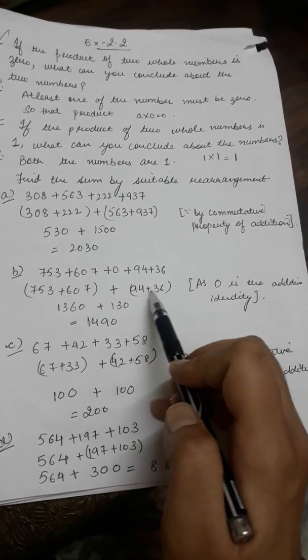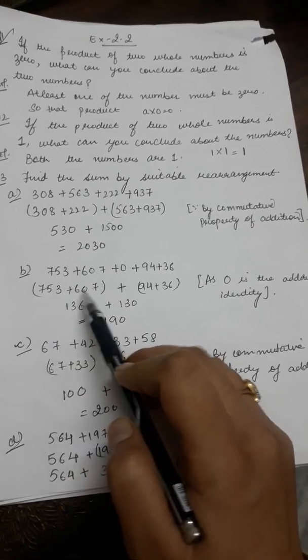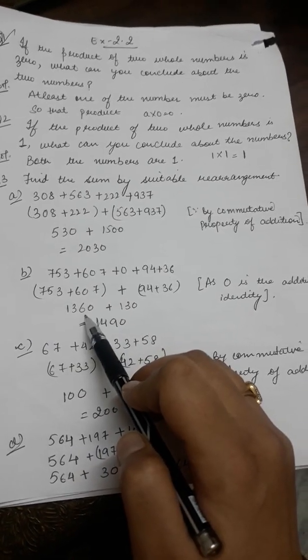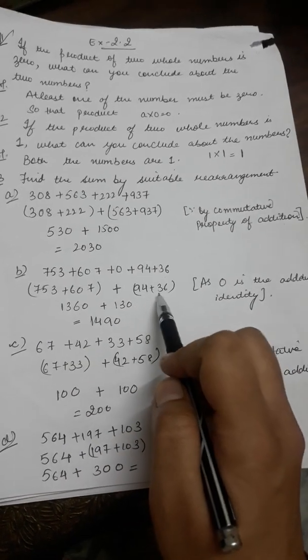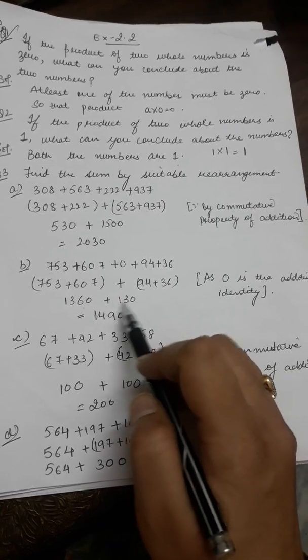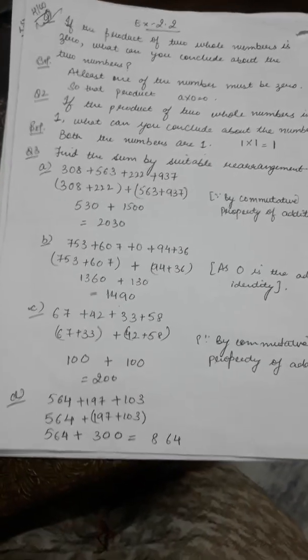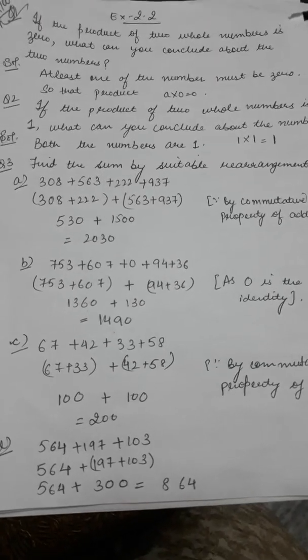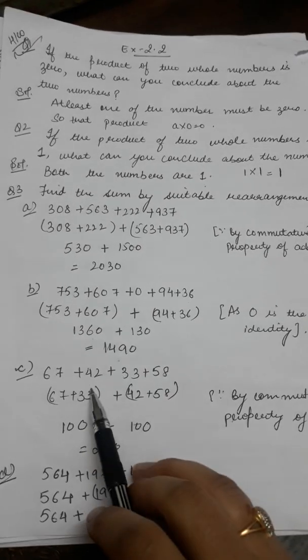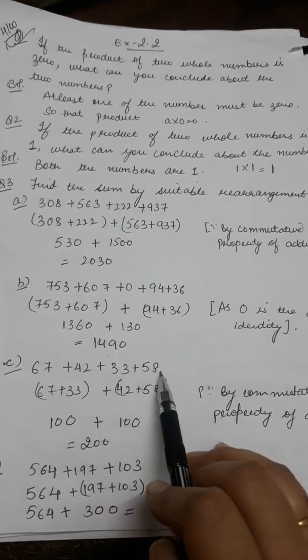So 94 plus 36. 753 plus 607 is 1360. 94 plus 36 is 130. So adding them we get 1490.